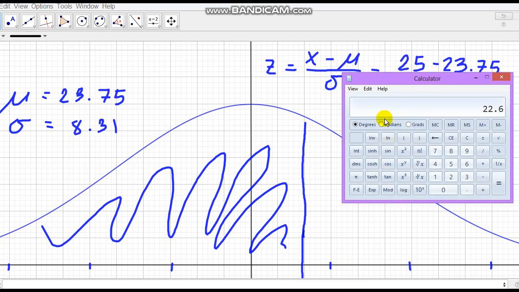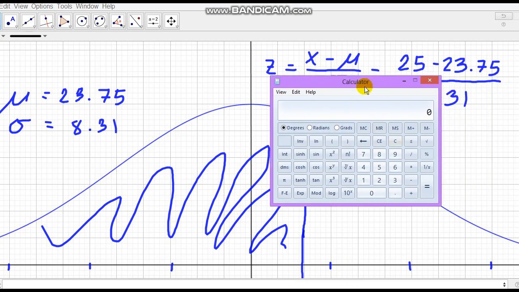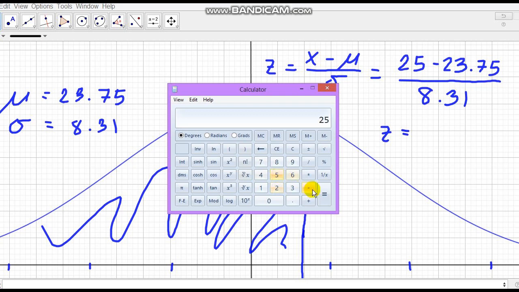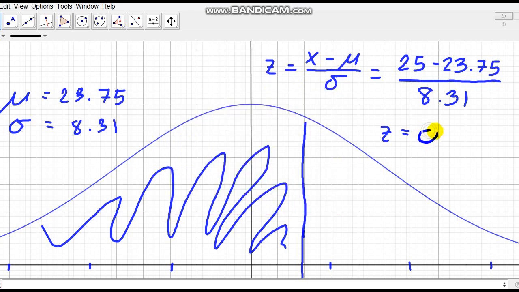So let's determine the z-score of 25 using our calculator. That is 25 minus 23.75, which is 1.25, divided by 8.31. That is 0.15 something. So let's round it off as 0.15.